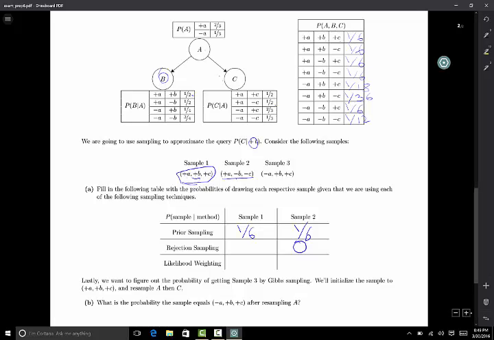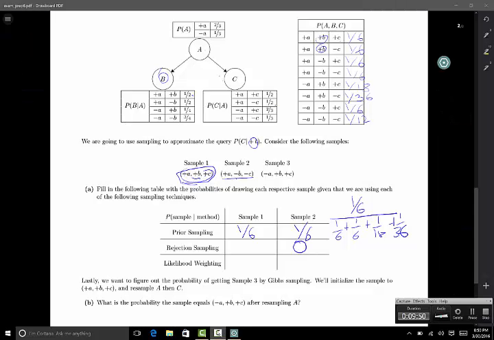So to calculate the probability for sample 1, it's just the probability of getting the joint, but then you divide it by the sum of the probabilities of only getting plus B. So we divide it by 1/6 plus 1/6 plus 1/18 plus 1/36, which equals 5/12.